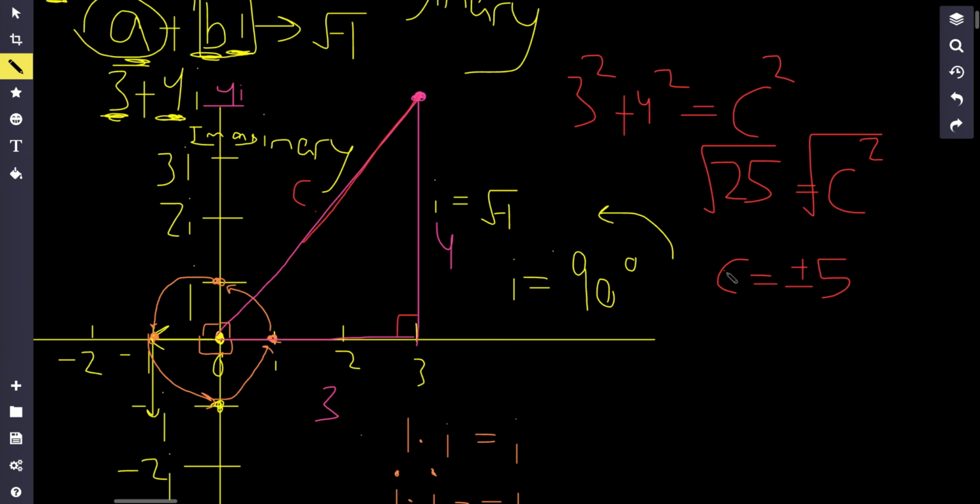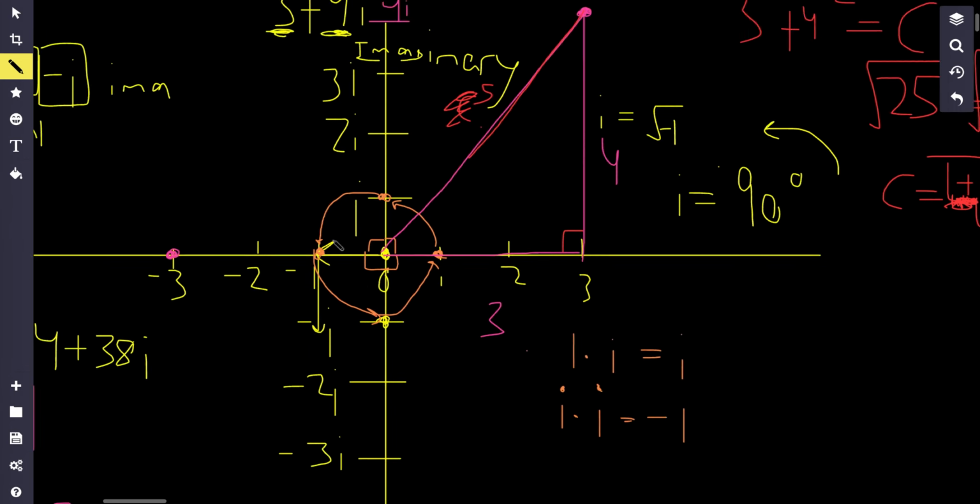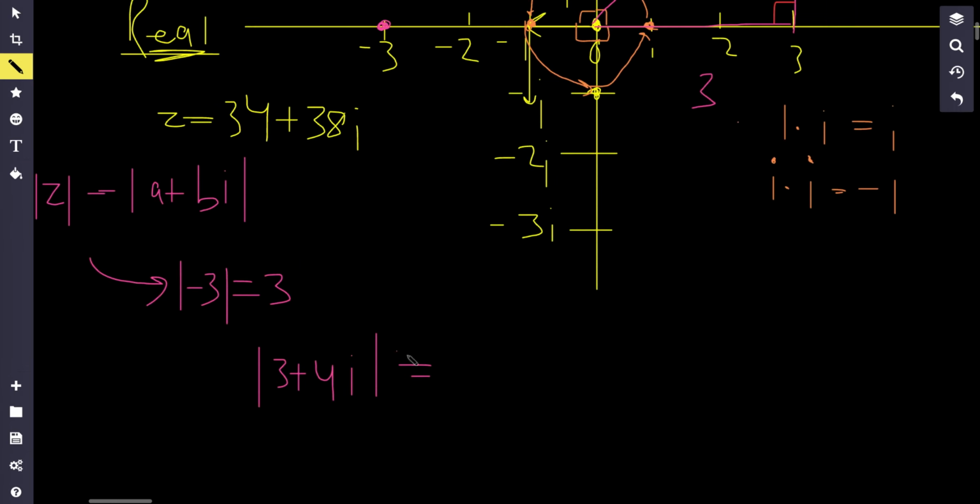It's plus. But the thing is, this length of the triangle right over here, it's positive, right? How can this be a negative length? So our length right over here is 5, which means that the absolute value of 3 plus 4i is 5.